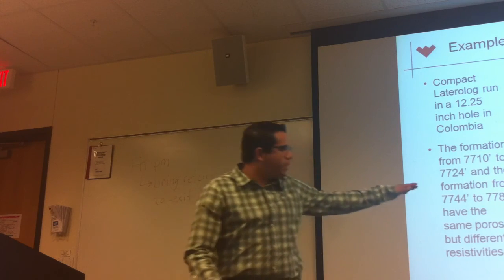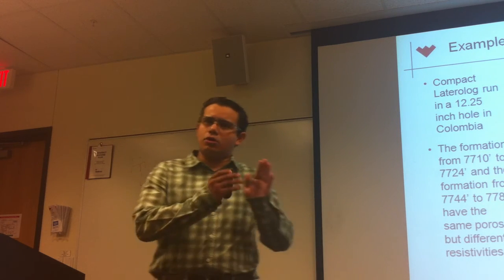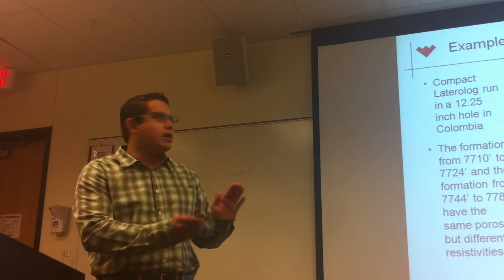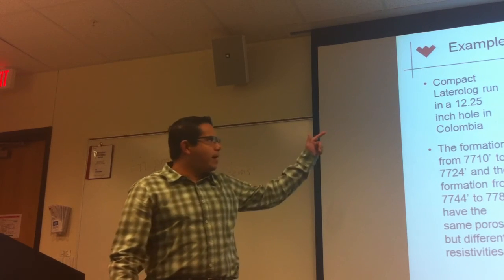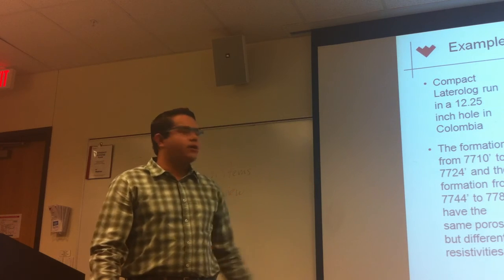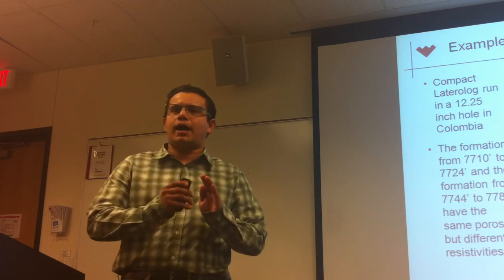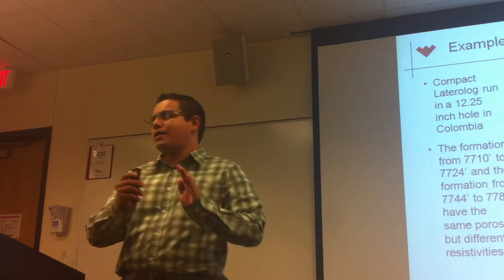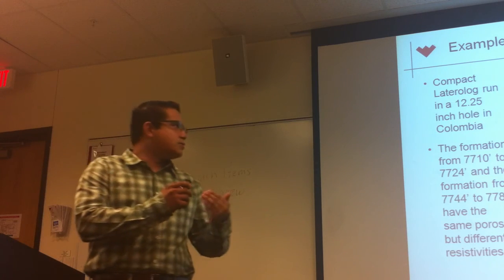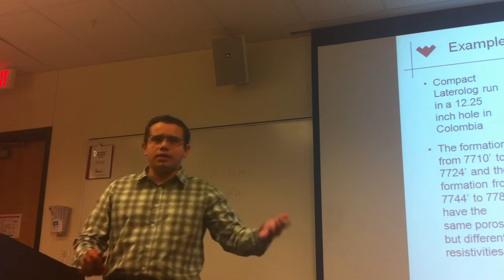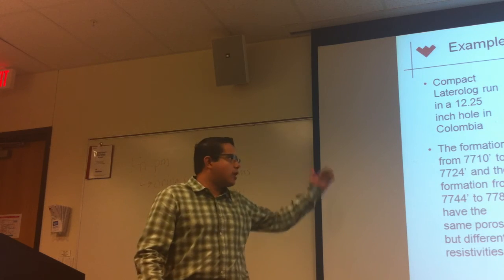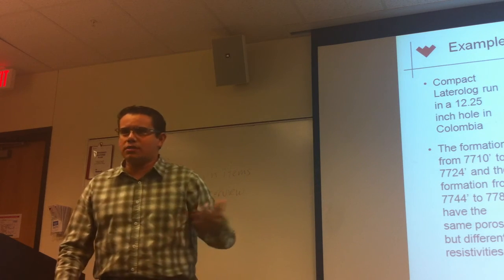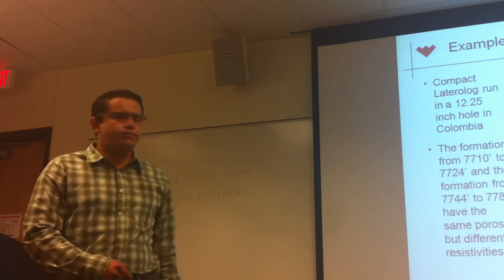In the bottom part, all the curves are close to each other, so we can determine that is our wet zone. On the upper part, we can say that it's a hydrocarbon zone because we have a higher resistivity reading and the separation of the curves is much higher. Of course, we will need some other data to assure that we have wet and hydrocarbon zones, but this is what we are trying to show in this example.